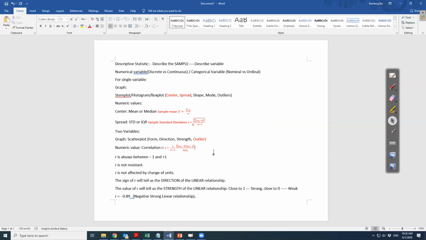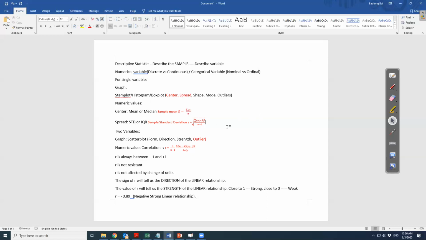So it doesn't really truly tell you the real picture. So it's going to be misleading if that's the case. So always draw a scatter plot first. Identify the relationship. If there's a linear relationship, then go to correlation.